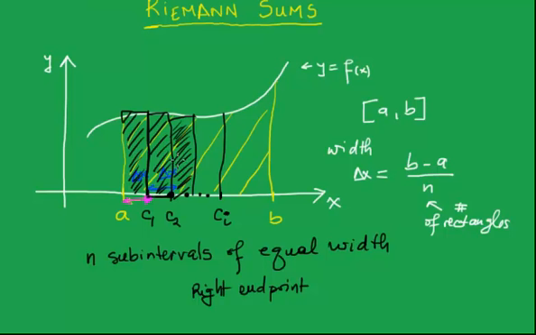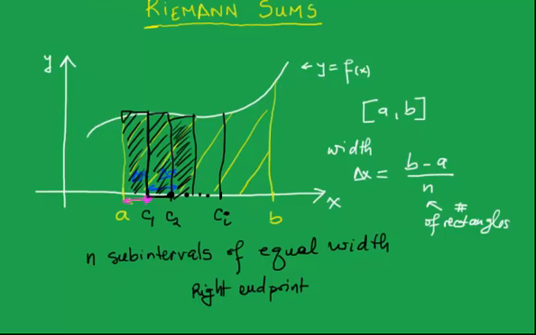So that means the more rectangles we have, the better the approximation. And if we want to have an exact area, then we should have infinitely many subintervals. And when you hear infinitely many subintervals, now you imagine that we're going to compute the limit as n approaches infinity at the end of the day. Okay, so that's the plan.